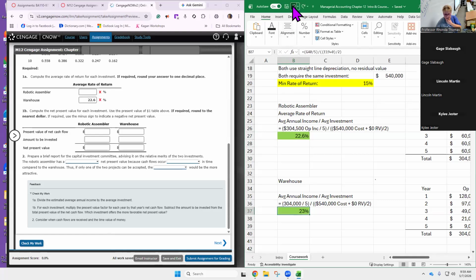Okay, I'm going to put 23.0. You guys might try yours and see what you're getting. A lot of this tends to be because of a rounding issue, okay? I'm just going to check it. Okay, it doesn't like it. Okie dokie.